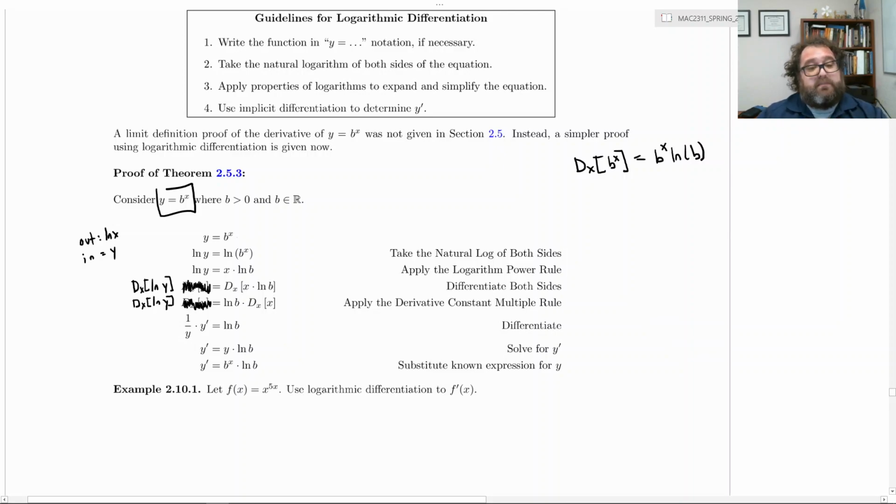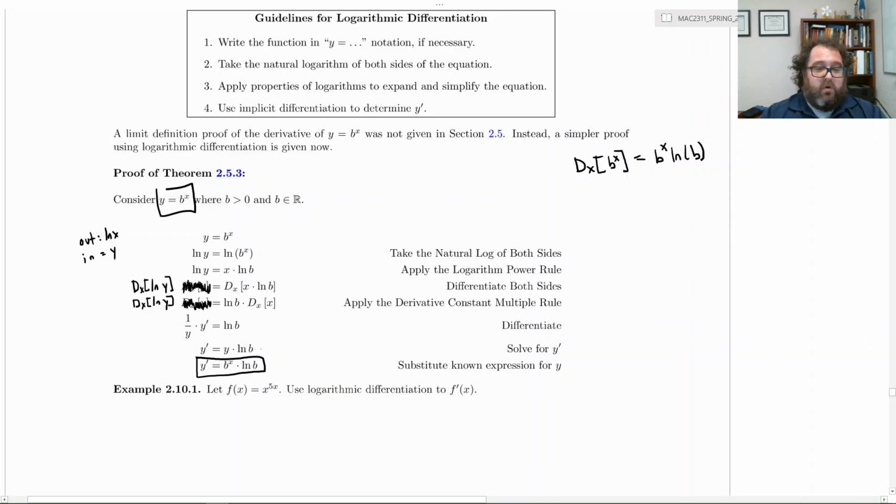So whenever we're doing logarithmic differentiation, we always need to back substitute the known value for y. We know that y equals b to the x, so we make that substitution, and there is our derivative. Since we started with an explicit function, we always need to back substitute, and that will allow us to write our derivative in terms of x only.